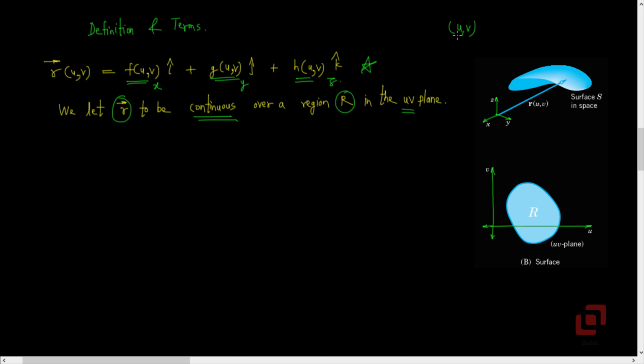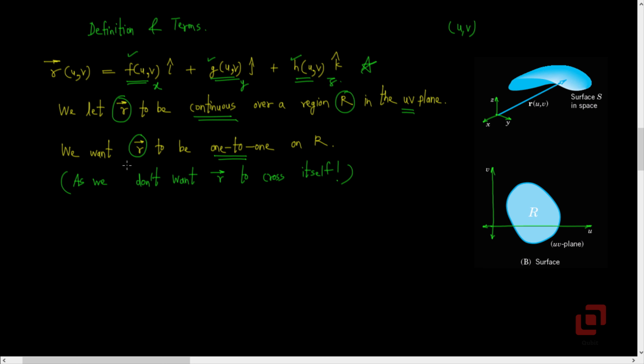We are substituting the values of u and v in f, g and h, and we are getting the corresponding point on the surface. Secondly, we want the position vector r bar to be one-to-one on R, because we don't want r bar to cross itself.